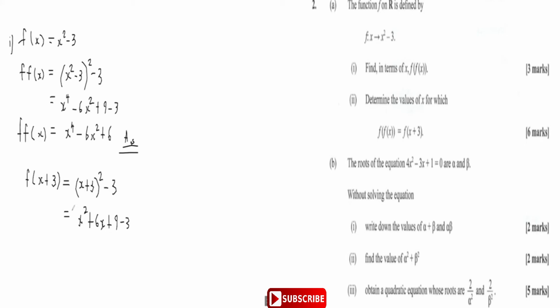So now that we have f of x plus 3, we can actually solve f of x equal to f of x plus 3, because f of x plus 3 is just x squared plus 6x plus 6. So this looks very easy to solve. Let us boil up this question now.